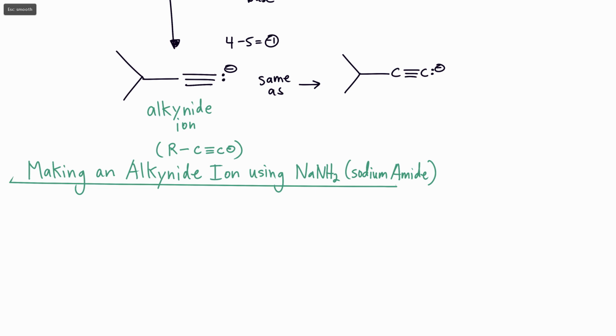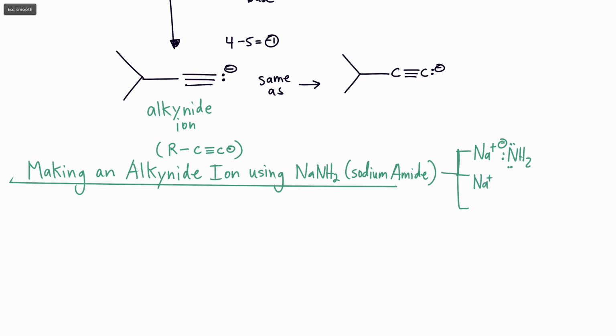Now, several textbooks write sodium amide different ways. Sodium amide can be written as this. It could be written as Na plus NH2. You have 3 lone pairs on that nitrogen, give it the minus charge.